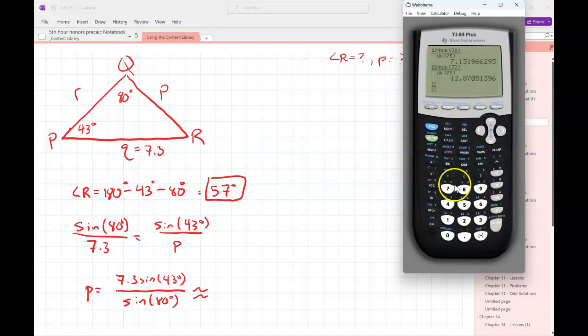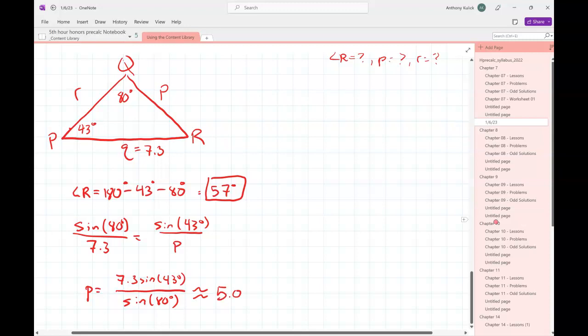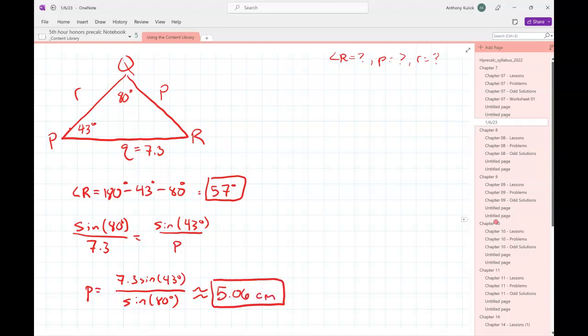I am totally okay with going straight to, showing this and then going straight to that. That's totally reasonable for students at this level. So we got 506 there. And what do we have? Centimeters in this problem, I think.